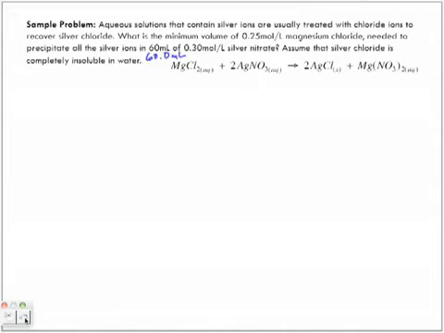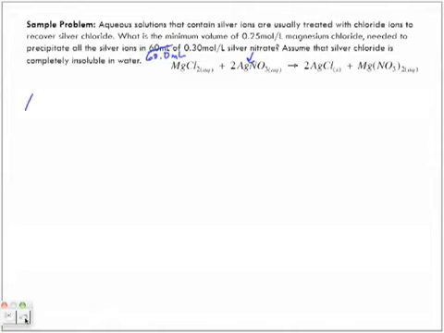We've got 60.0 milliliters of 0.30 moles per liter of silver nitrate. That's this one right here. So we use that to find the number of moles that we have of the silver nitrate.